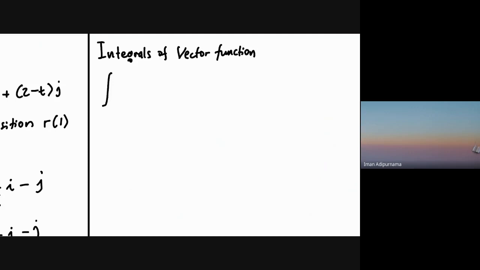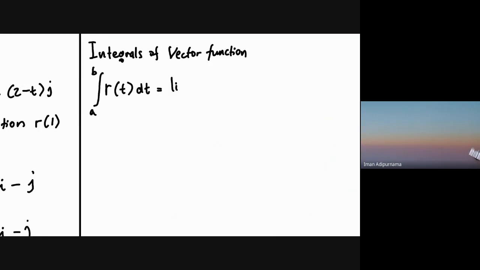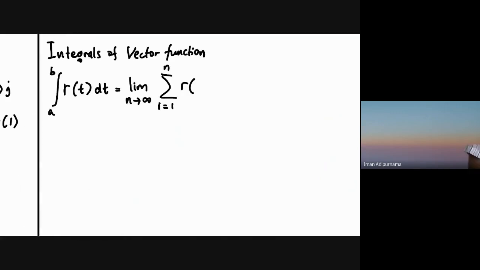So basically, if we have the definite integral from a to b of our vector function, by definition we can use something similar to a Riemann sum. So we cut the rectangles, right?